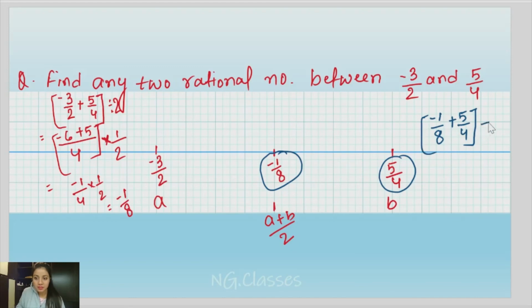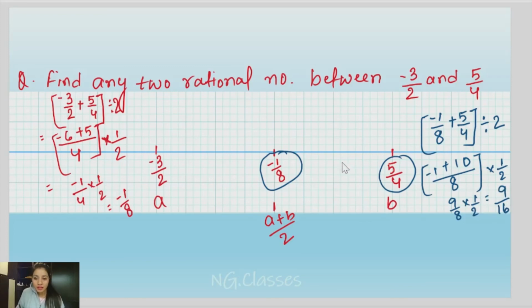A plus B divided by 2. LCM will be 8: minus 1 plus 10, divided by 2. I can write it as 1 by 2. So 9 by 8 into 1 by 2, we will get 9 by 16.